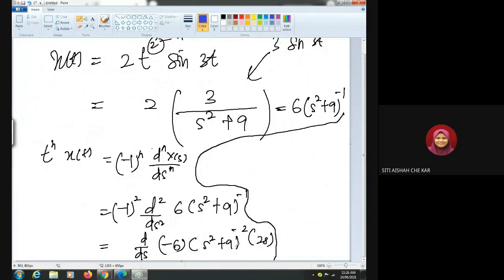So kita akan dapat 6, ni 2S lah. So kita kena differentiate, negatif 12S, S kuasa 2 campur 9 kuasa negatif 2. Okey. Lepas tu kita kena differentiate sekali lagi lah, sebab yang ni baru kita differentiate sekali.